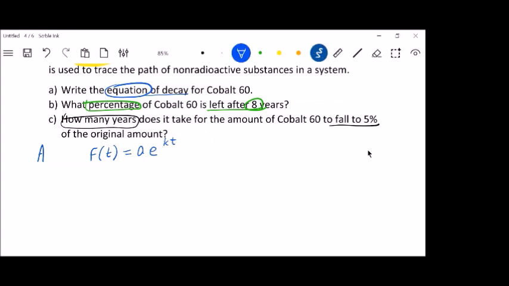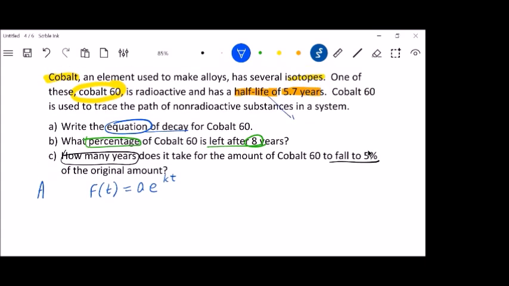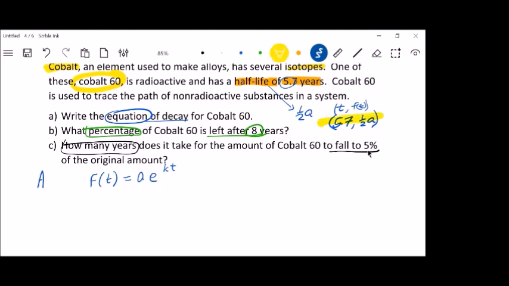So we know certain things. Whatever the original amount is, half of that amount will be left at 5.7 years. So think of it as time and then the function of the time, or the result, the y value. So the time here is 5.7 and the result is 1/2 A. And we are going to use that.